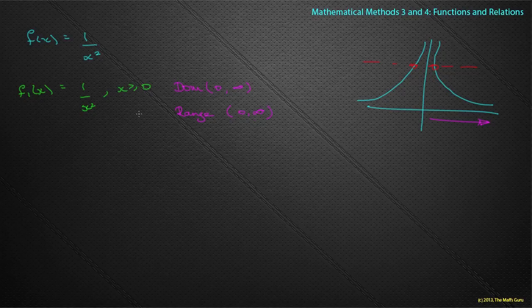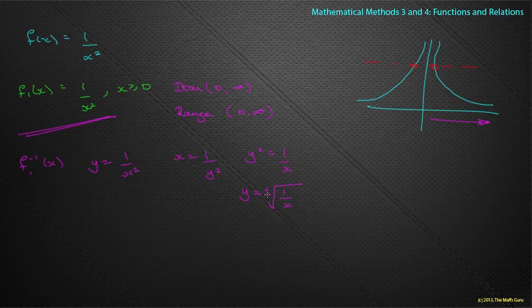So if we now say, let's restrict our function to this particular instance, then I can now go on and find the inverse, f to the minus 1, function 1 of x, by using the idea that if y was 1 over x squared, then the inverse becomes x equals 1 over y squared, or y squared is 1 over x, and so y becomes the root, positive and negative, of 1 over x.